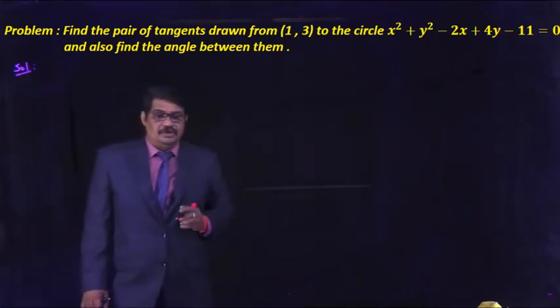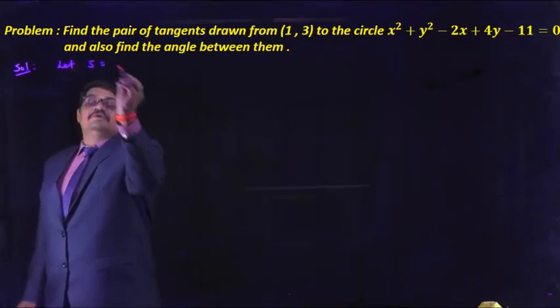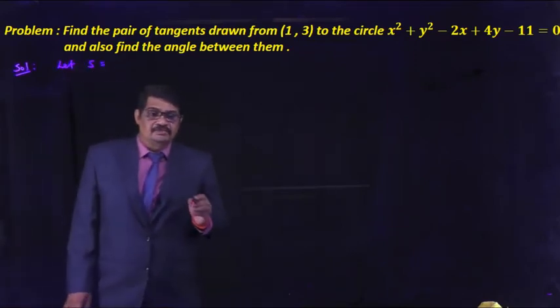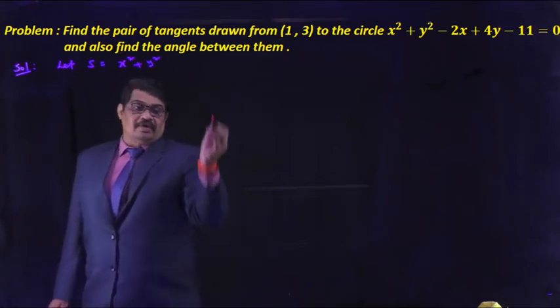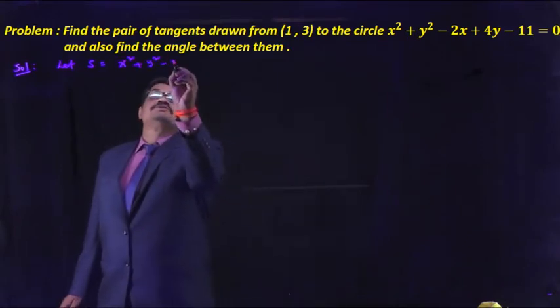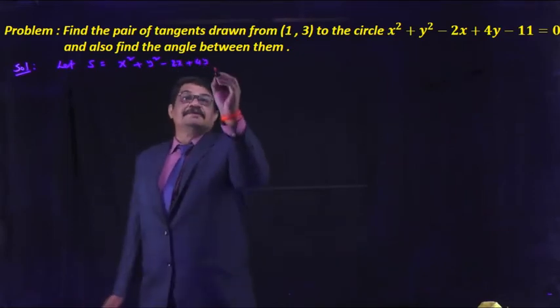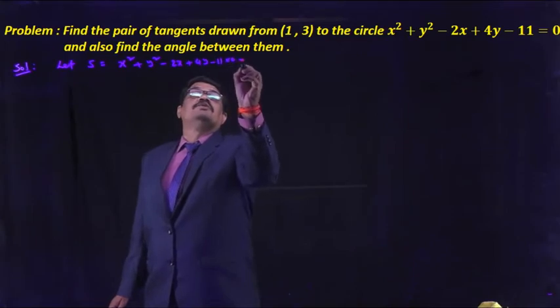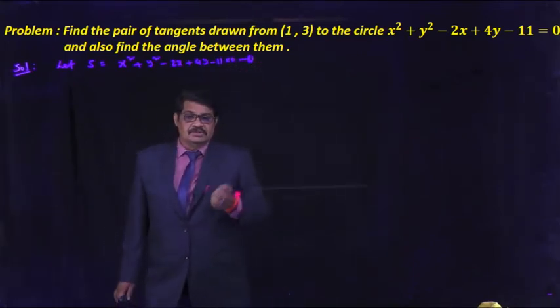Here the given circle we take as S. S is the given circle, that is the circle x square plus y square minus 2x plus 4y minus 11 is equal to 0. That is the given equation of the circle.